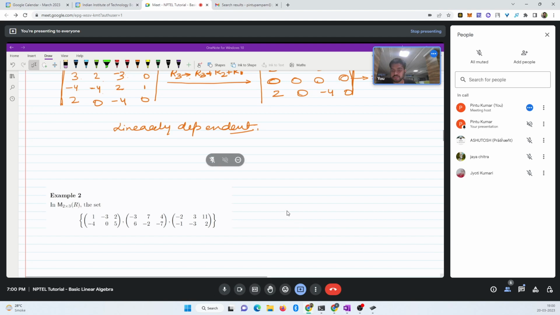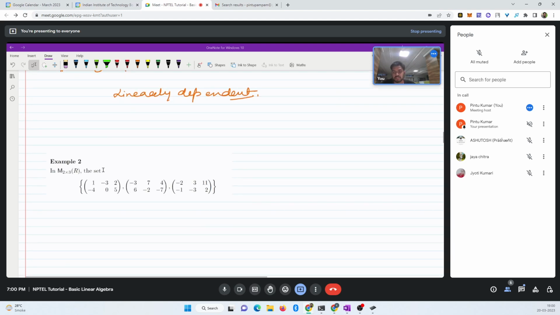Okay. So here we are given three matrices from the set of matrices of size 2 cross 3, and we have been asked whether this set of matrices is linearly independent or not. Now we can't use our matrix trick of writing this in the form of a matrix and then solving.